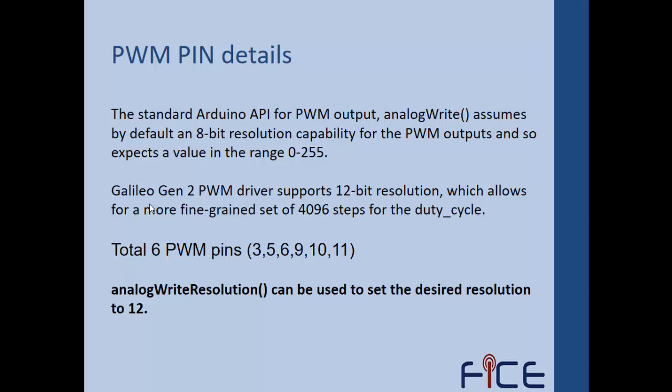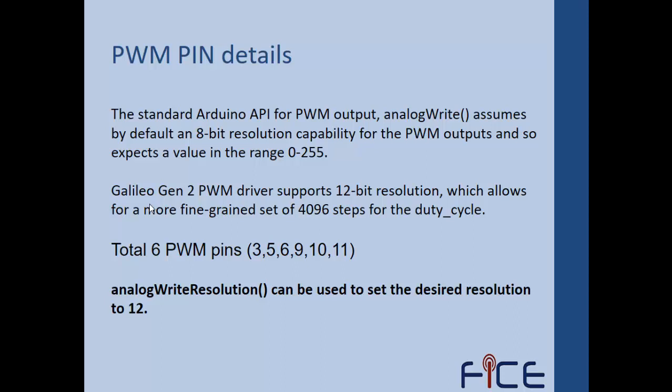The standard Arduino API for PWM output is analogWrite. It assumes by default an 8-bit resolution for the PWM output and so expects a value in the range from 0 to 255. Now the Galileo Gen 2 PWM driver supports 12-bit resolution, which allows a more fine-grained set of 4096 steps for the duty cycle.